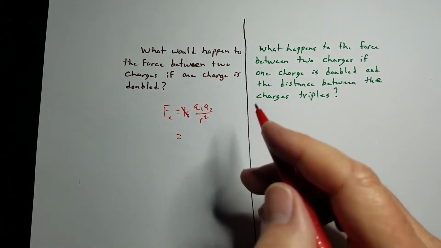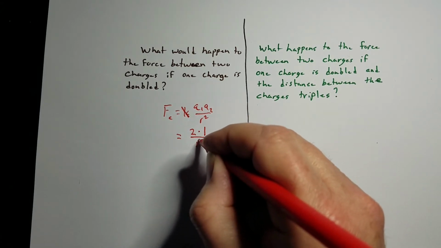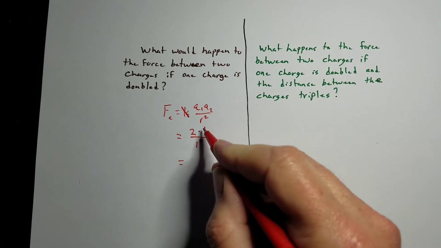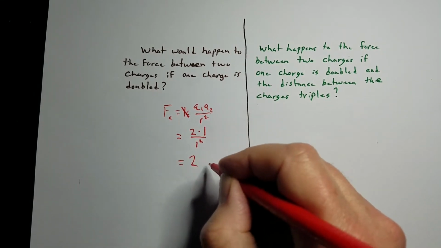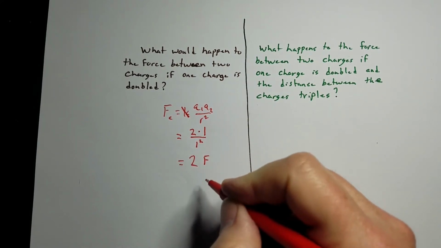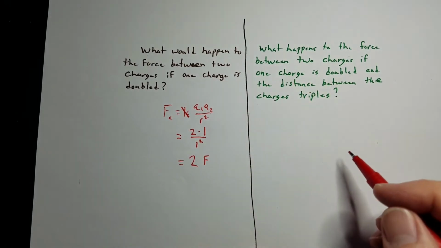We're going to double one of the charges, leave the other one the same, and leave the distance between them the same. So 2 times 1 is 2. 2 divided by 1 is 2. And so the force is twice as much. So the force is doubled in strength, which makes sense. You double the charge, you should double the strength.